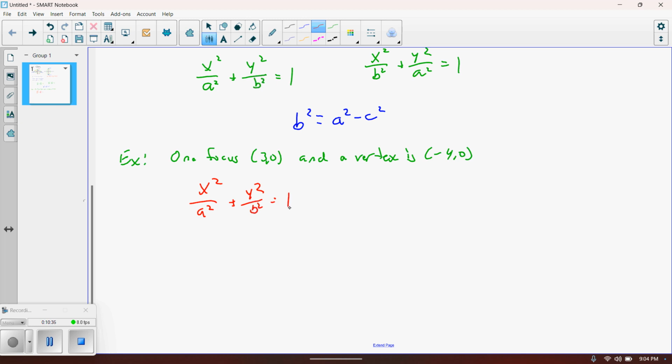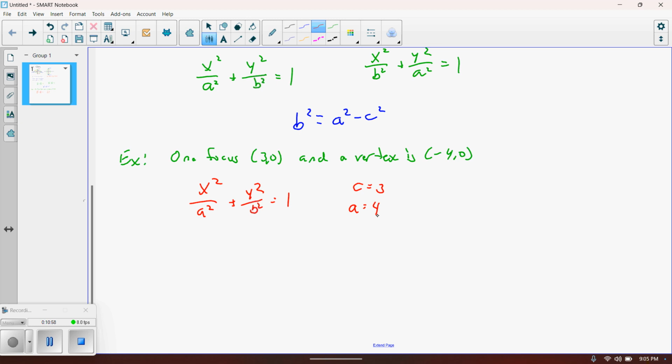Because they gave us the focus, they gave us the c value, so we know c is 3. They have given us the major vertex, so we know that a in this case, it says -4, but that's just because of direction. So we know that the a value is actually 4. So we're going to go ahead and use that to find b, because really what I need to write the equation is I need a and b.